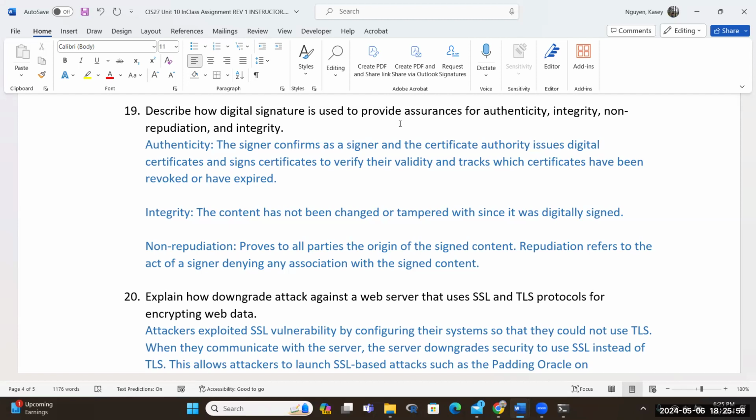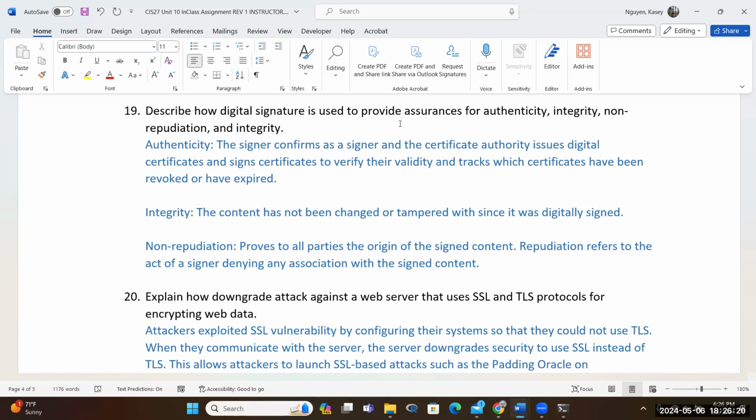So someone can perform what's known as a downgrade attack against your web server that uses HTTPS or SSL and TLS protocols in the back for encrypting web data, like your bank account or your credit card information.